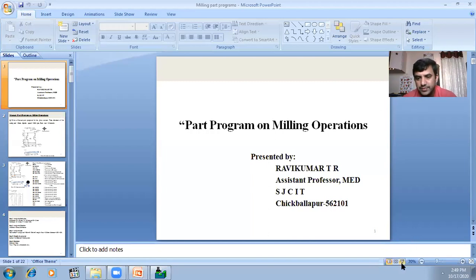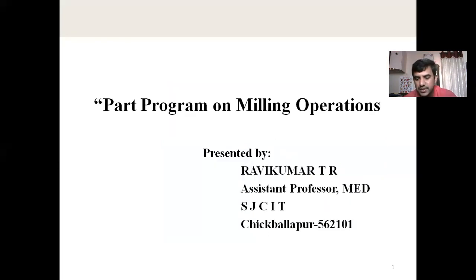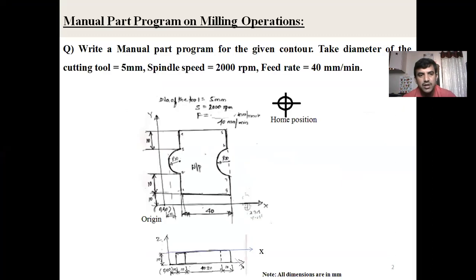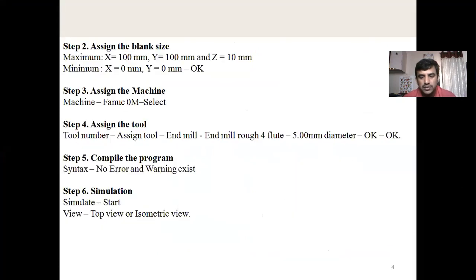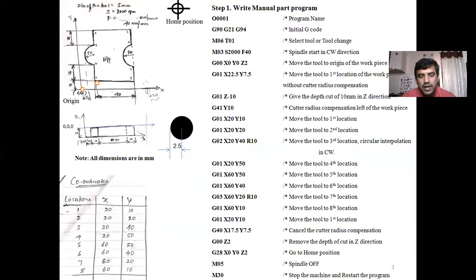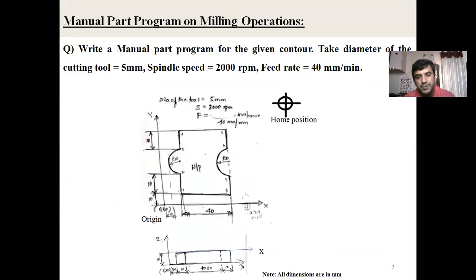Part program on milling operation. In the last class we discussed the manual part programs we have written on the milling machine. This is the first part program we have written. Before writing any manual part program, first see the sketch.